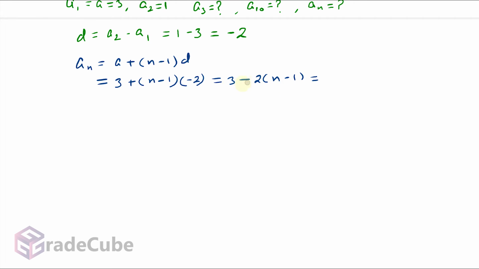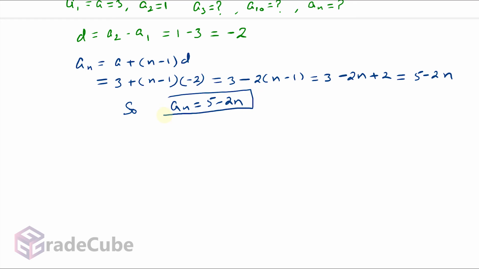It is 3 minus 2n, minus into minus plus 2 into 1, plus 2. It is 5 minus 2n.